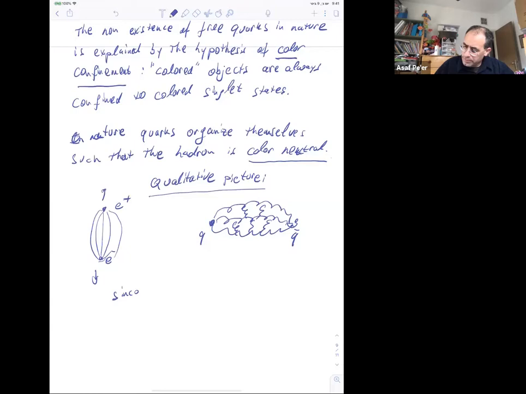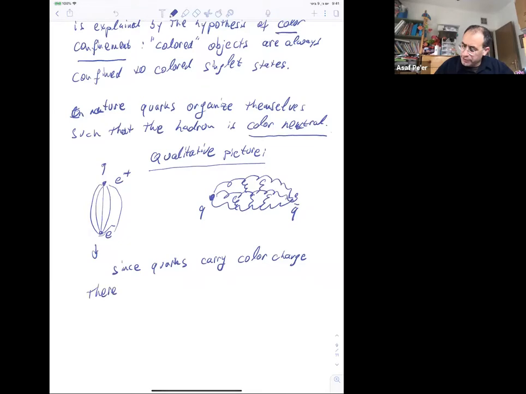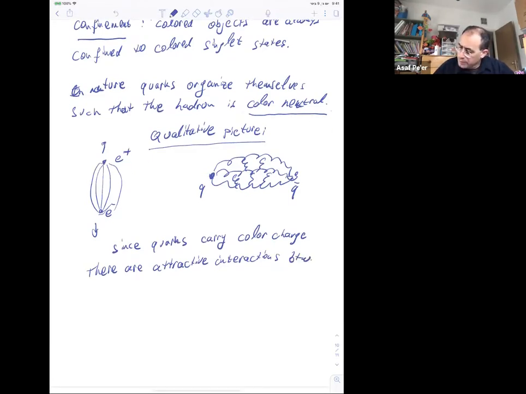Since quarks carry the color charge, there are attractive interactions between the exchanged virtual gluons.